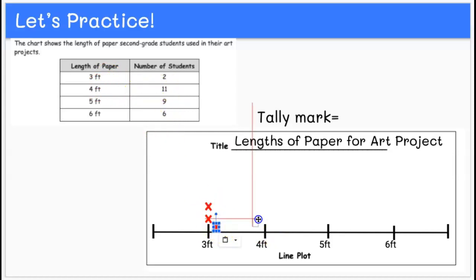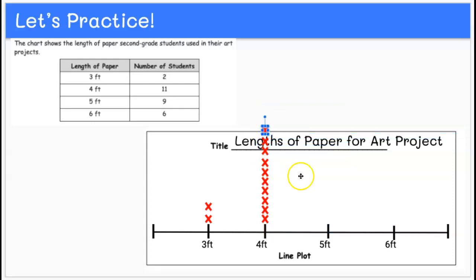So here we go. 1, 2, 3, 4, 5, 6, sometimes these are hard to move because they're so tiny, 7, 8, 9, 10, 11.